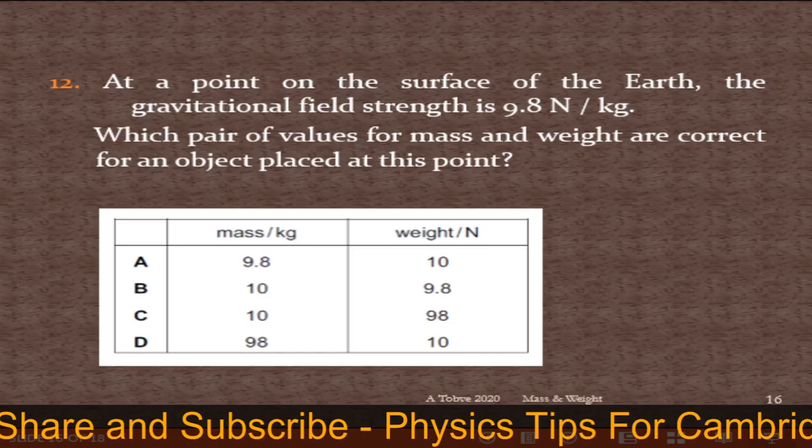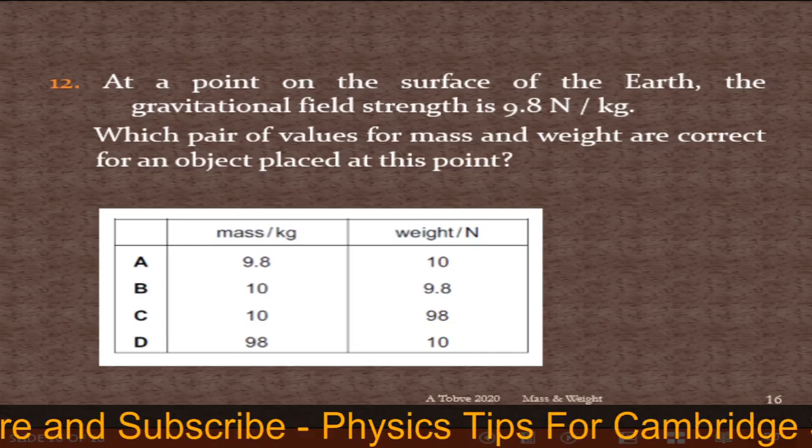For the second one, we have 10, that's B, 10 times 9.8, giving you 98, which means B is wrong. And then C, 10 times 9.8, giving you 98. So the answer is C for this one.